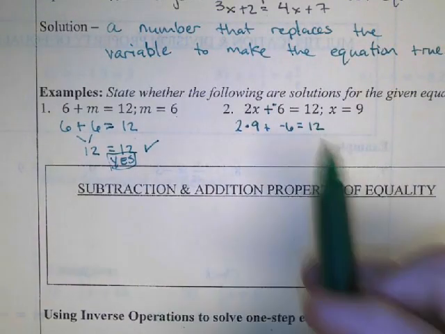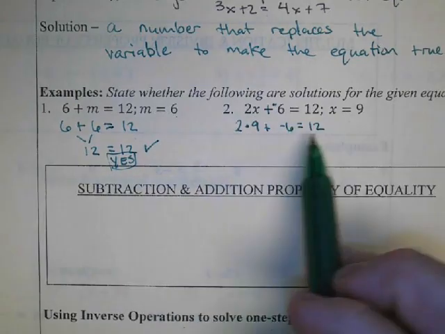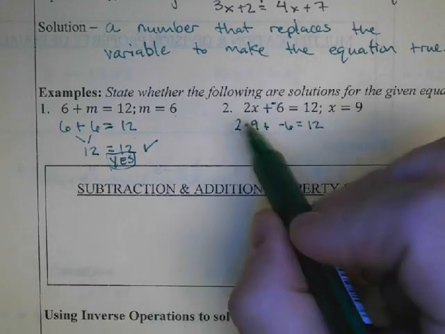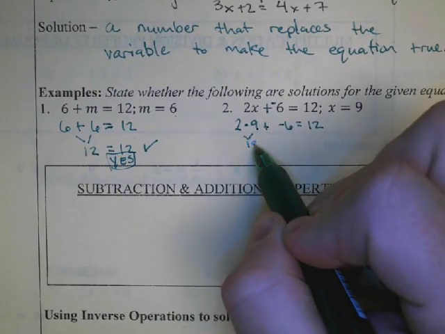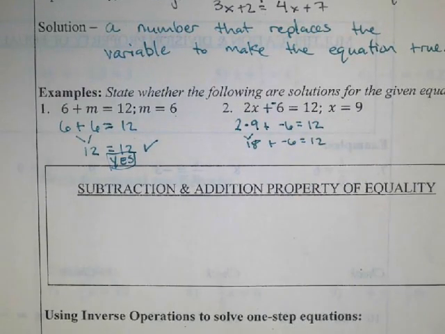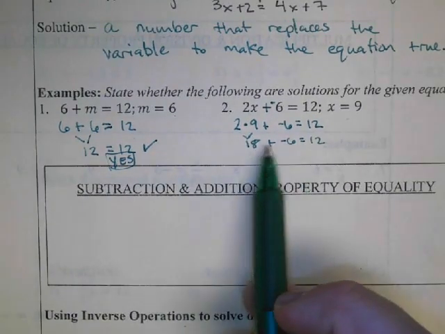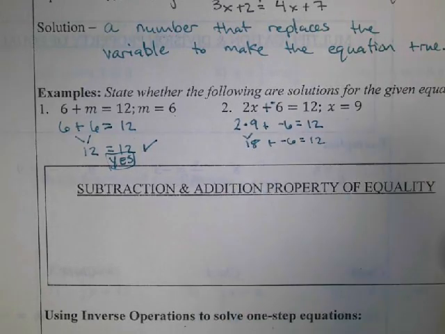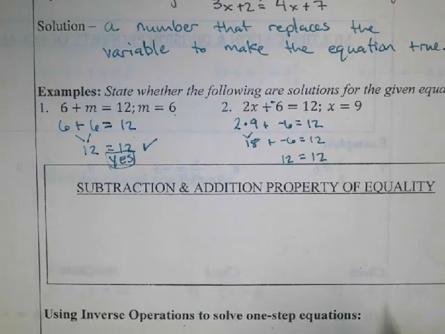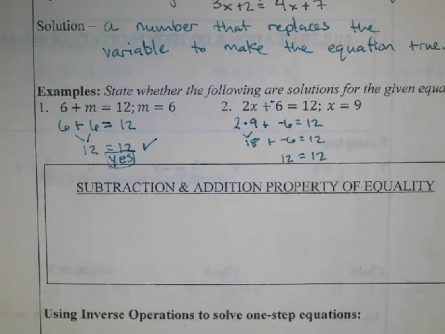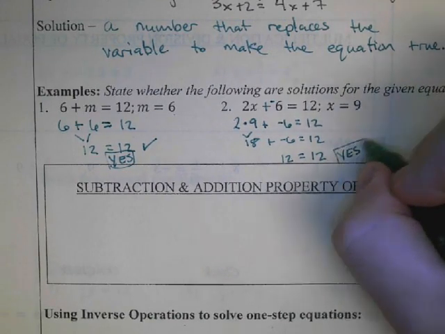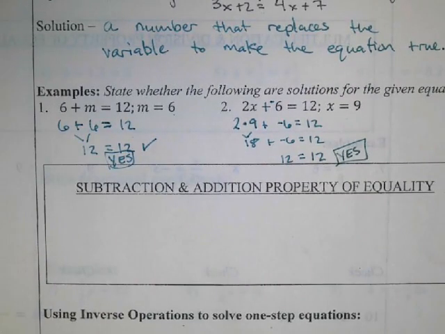We'll do the arithmetic on the left-hand side, and ask ourselves, does the left-hand side equal the right-hand side? So we'll do 2 times 9 first. Order of operations, that's 18 plus negative 6 equals 12. Now I have different signs, so I'll subtract. 18 minus 6 is 12. Keep the sign of the larger number, and it's positive 12. So positive 12 equals positive 12. Is that true? Yes. So we found that for this example as well, x equals 9 is a solution.